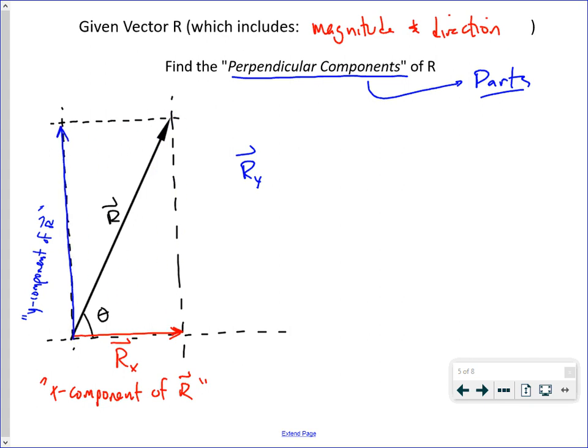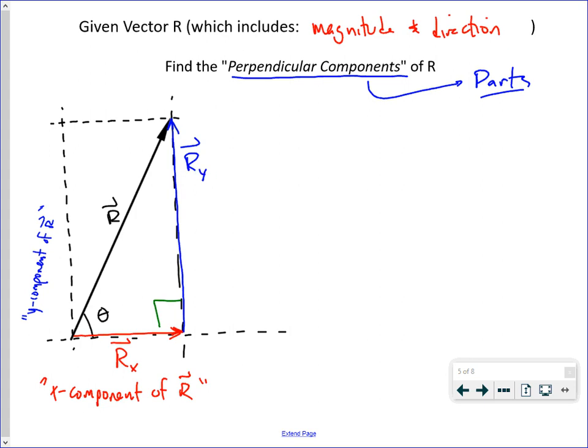I like to draw it here because I like to start all these vectors from the same place. But as you know, this vector is the same vector no matter where we put it. And there certainly is an argument that showing these vectors as part of a right triangle can be useful for us. But either way, here's Ry.